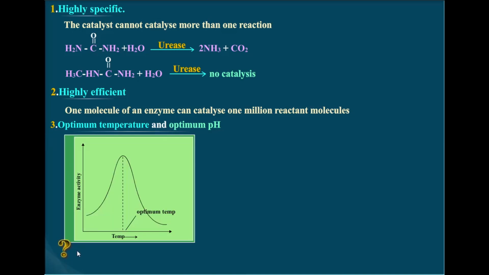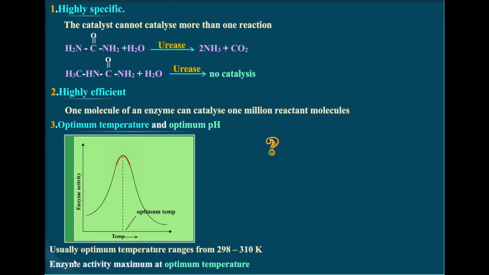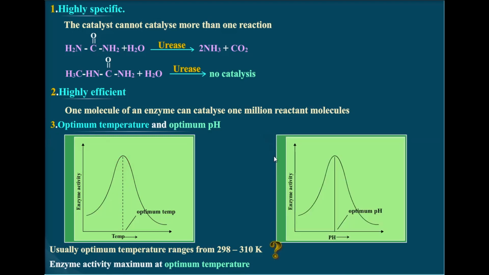Here you can find a graph which is not there in your textbook. Enzyme activity increases, and at a particular temperature it becomes maximum. Usually the optimum temperature ranges from 298 to 310 Kelvin, which comes under the body temperature I mentioned earlier. Enzyme activity is maximum at optimum temperature.